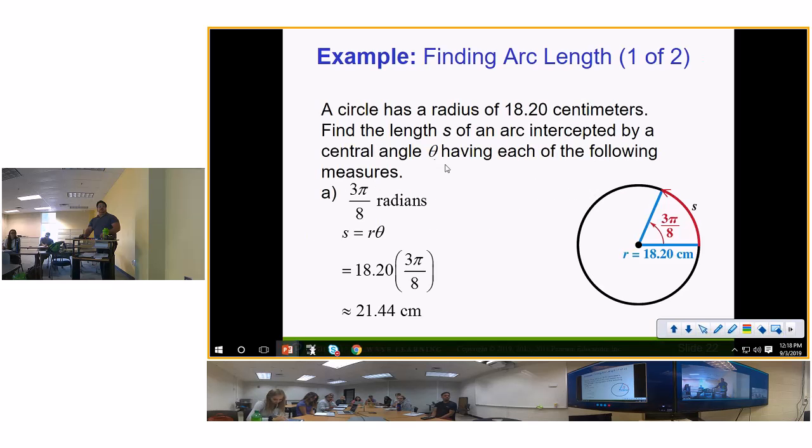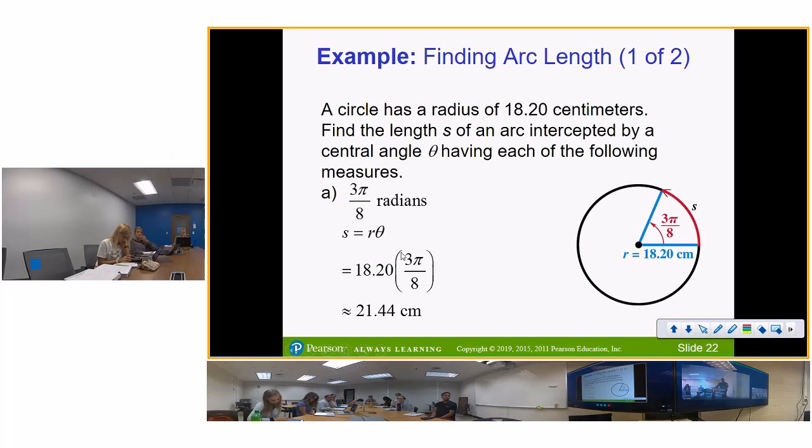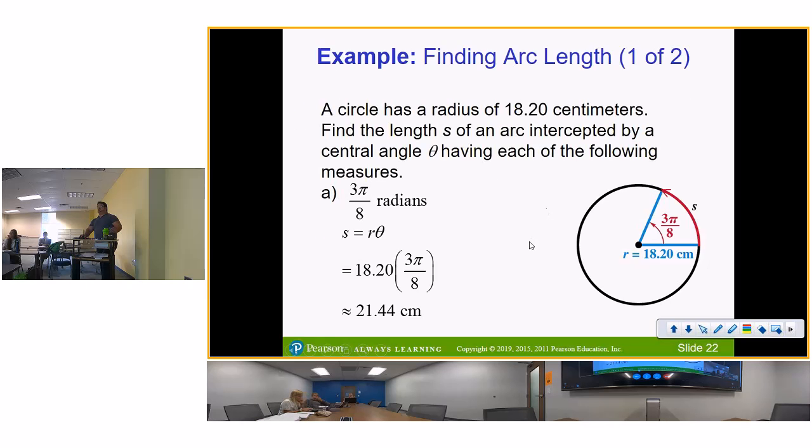Anyway, here we go. A circle has a radius. This is not supposed to be showing all that. Hold on. Okay, it's not supposed to show it. I don't know why it's showing it, but maybe it's just an example. A circle has a radius of 18.2 centimeters. A horizontal curve, a radius will be 3.2 miles, or 5.6 miles.